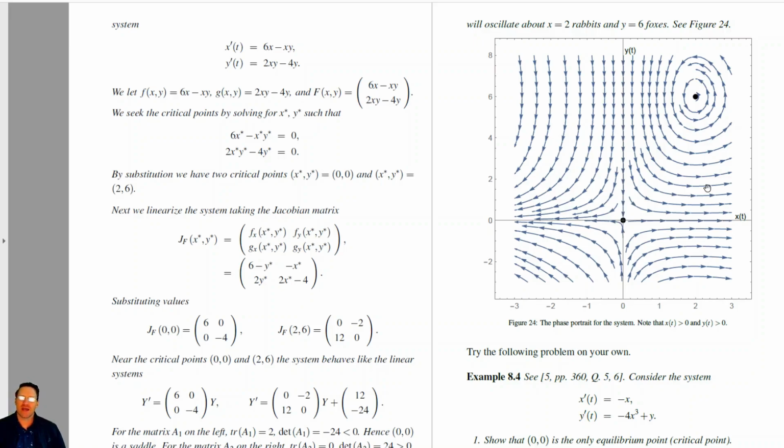And I'll just point out again that this is a projection of a 3-dimensional plot because you have an x, you have a y, and you have time, right? So what this will model is the quantity of rabbits and the quantity of foxes at any given time. So what it says is that the quantity of rabbits goes up and it goes down and it goes up and it goes down, and it repeats this through time.